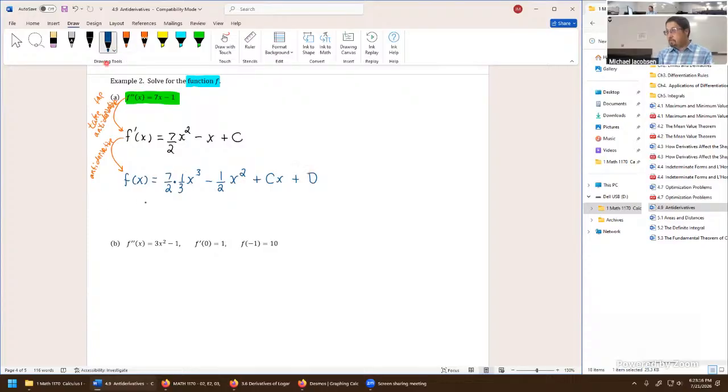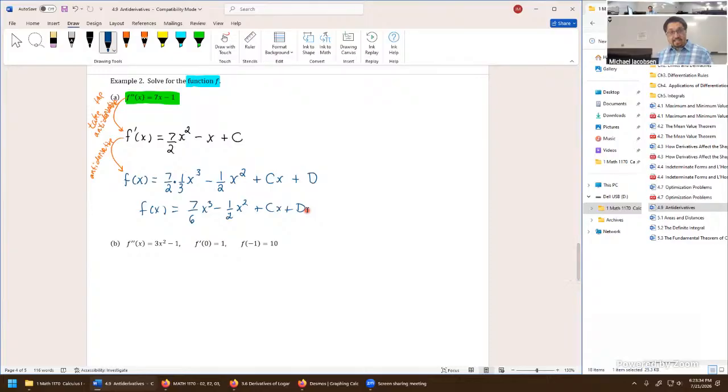So simplifying this further, not a whole lot to do. This becomes 7/6 x cubed minus 1/2 x squared plus cx plus d. And there are infinitely many different families or different functions here.